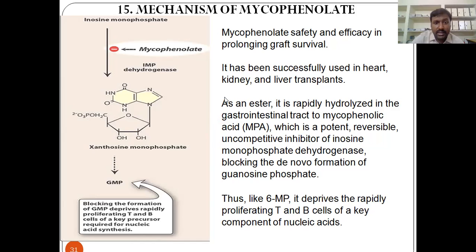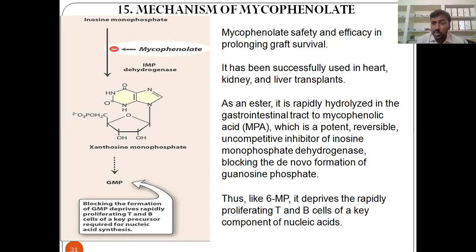So what is the mechanism of action of this drug? Inosine monophosphate is converted into xanthosine monophosphate. This xanthosine monophosphate is converted into guanosine monophosphate.